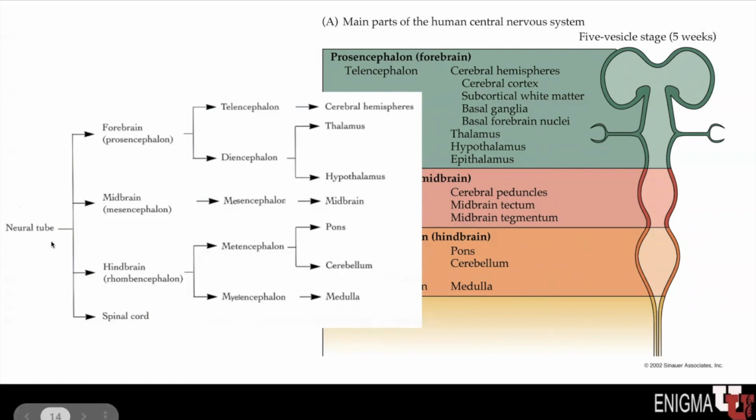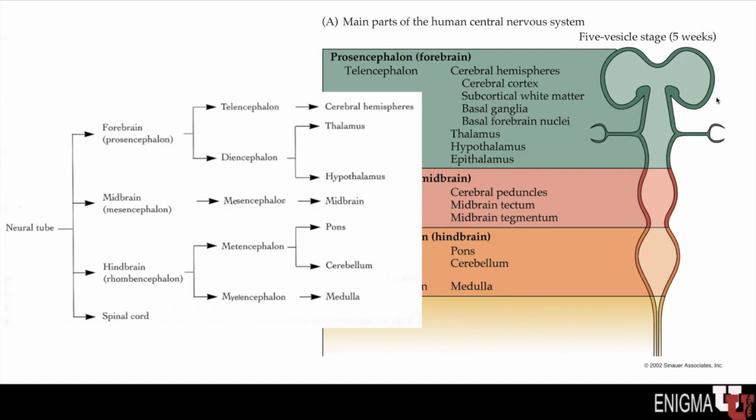This neural tube differentiates into different structures: the forebrain, the part that we typically think of as the brain, the midbrain, the hindbrain, and then the spinal cord. The forebrain differentiates into the telencephalon, the cerebral hemispheres, and the diencephalon, which includes the thalamus and the hypothalamus. So you see that shown here on the right. This is the 5-vesicle stage shown here at 5 weeks.